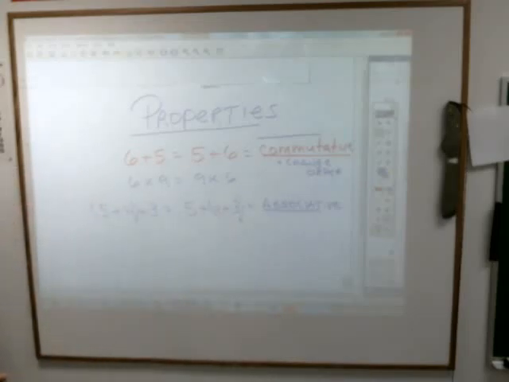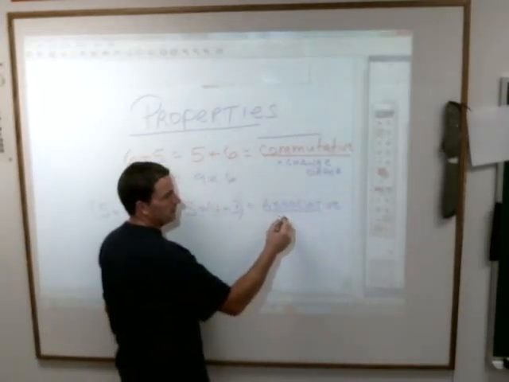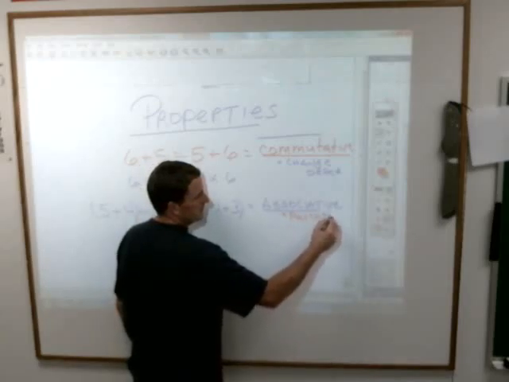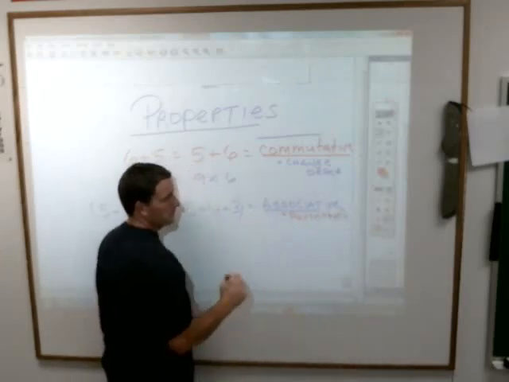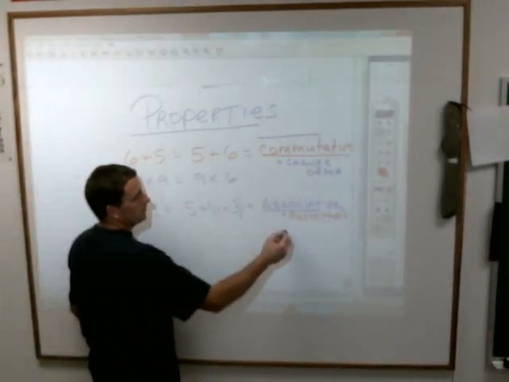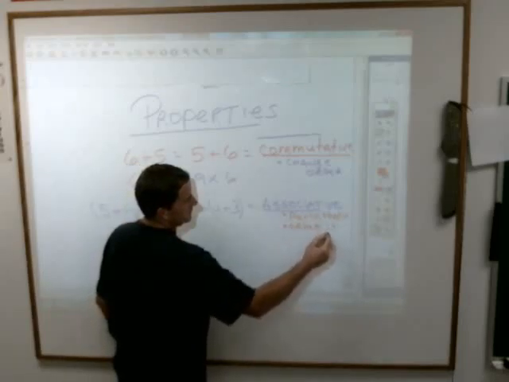When you see the associative property, the first thing that you'll notice is that you can't have the associative property without parentheses. There has to be parentheses. The second thing is the order doesn't change. The order is the same.